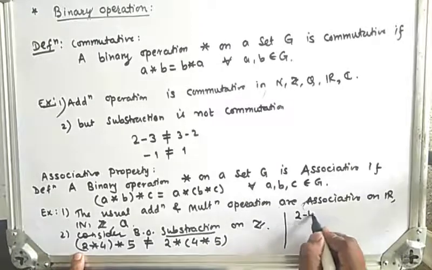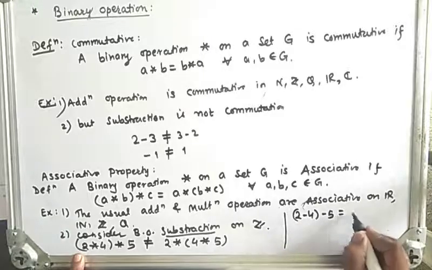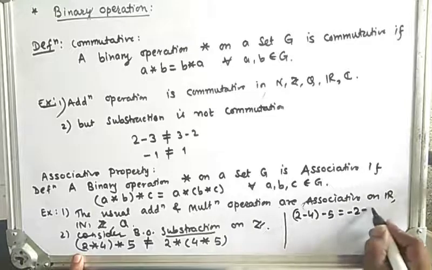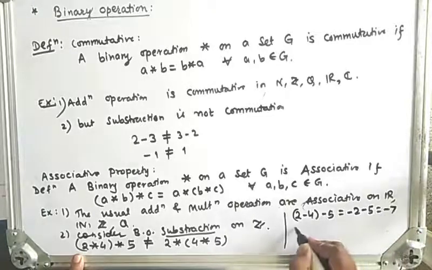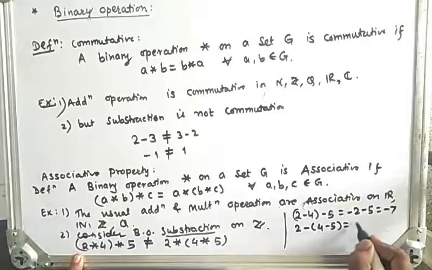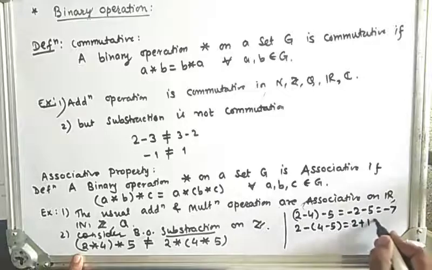So 2 minus 4 minus 5, where 2 minus 4 is minus 2, and minus 5 gives minus 7. But 2 minus of (4 minus 5) is 2 minus (minus 1), which is 3.